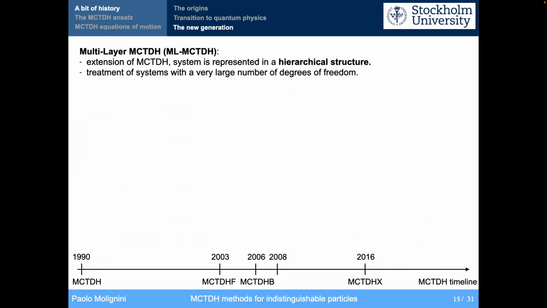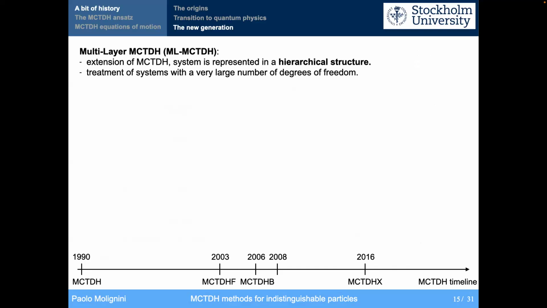So that was kind of an overview of MCTDH-X and how it came about. I just want to give you one little note on a different usage of MCTDH, an extension. It's called the multi-layer MCTDH or ML-MCTDH. We keep adding letters to the acronym.